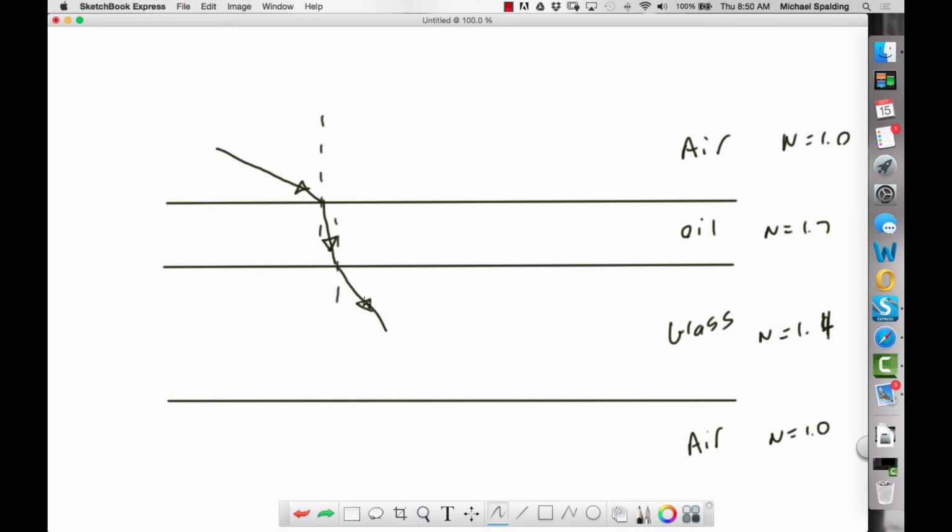Right, like that. Okay, then this comes down like that. And then into air. So which way is it going to bend? Away from the normal. Oh, and then these are going to be parallel. This and that should be parallel to each other, because this is 1.0 and that's 1.0.